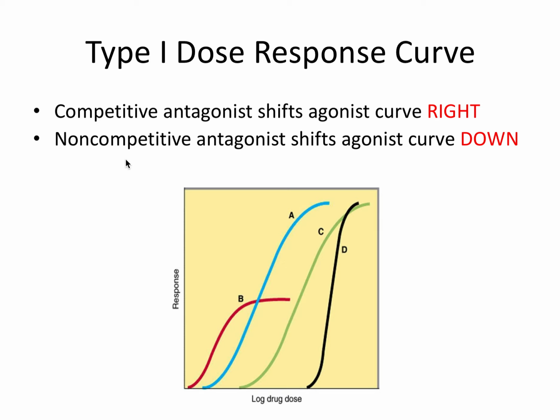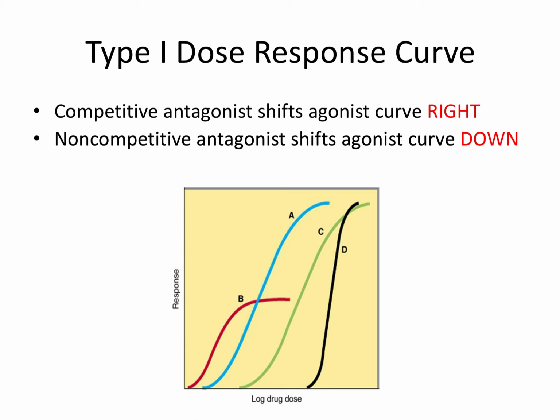A non-competitive antagonist shifts the agonist curve down. So because it acts differently, it decreases the maximum effect of the drug. So our non-competitive antagonist example would be curve B. And it decreases the Emax since it's acting at an allosteric site and cannot be directly overpowered at the active site.